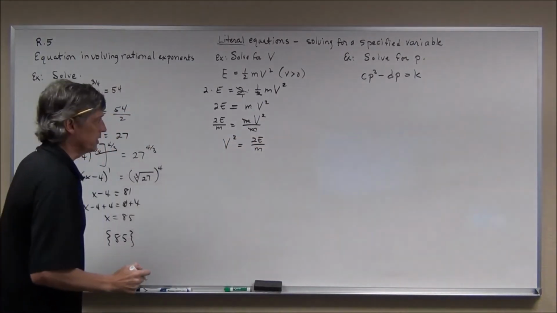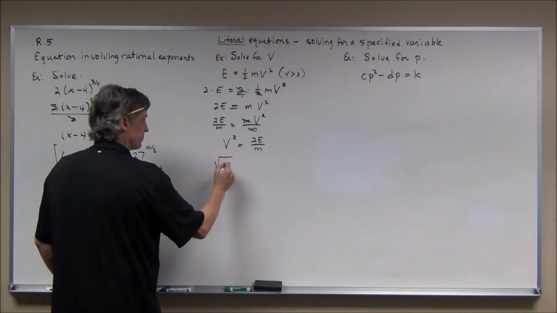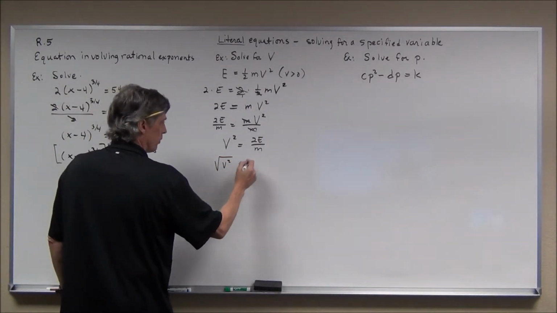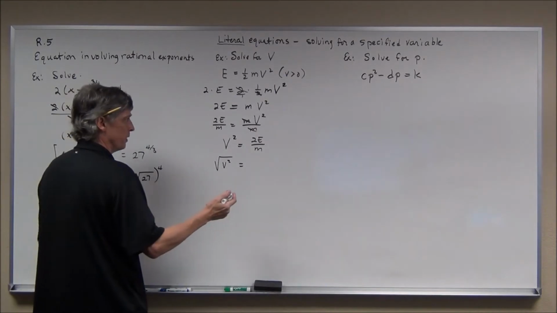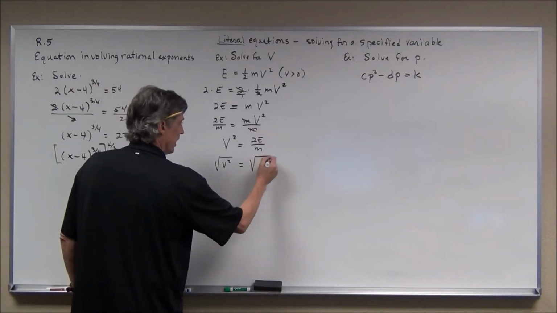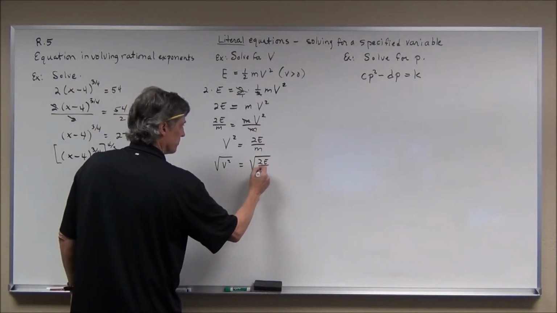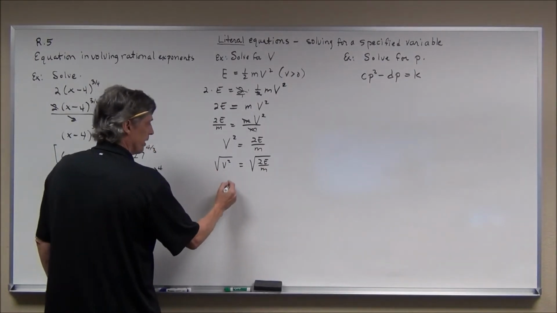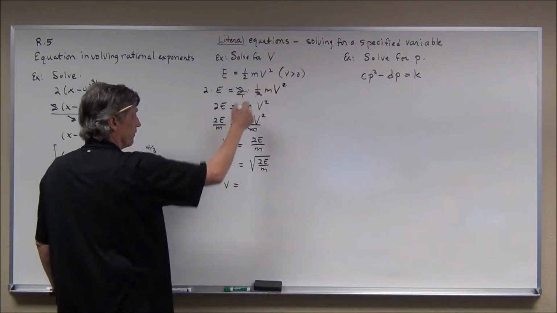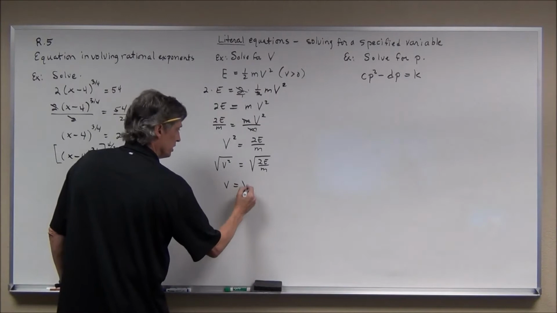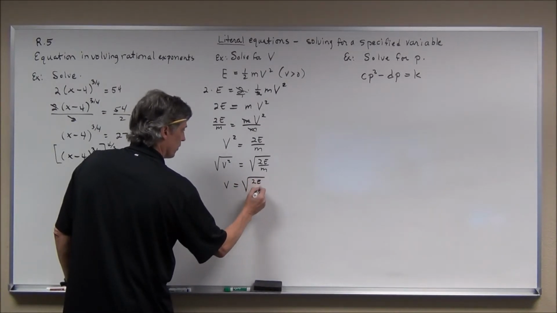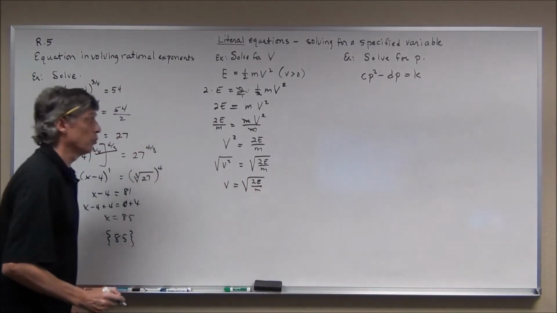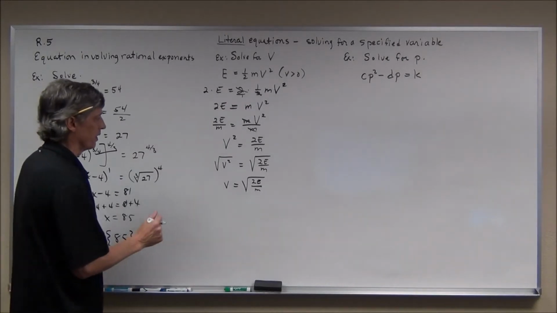Now here's where I would take the square root of both sides. We've done this when we were doing the square root property to solve quadratic equations, and we picked up a plus or minus. But we don't pick up the plus or minus here because it's indicated that v is a positive number. So just the square root of 2e all over m. Now that's not the world's worst looking answer, although I didn't write it very clearly.